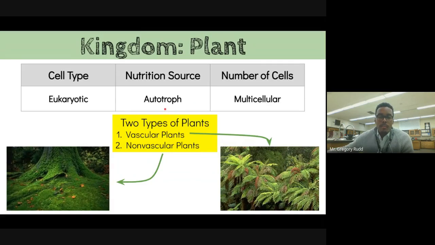What process allows plants to produce their own food or their own nutrition? What's that process called?